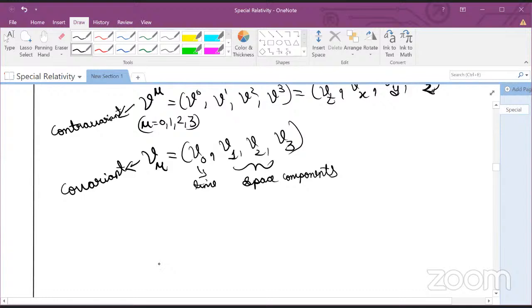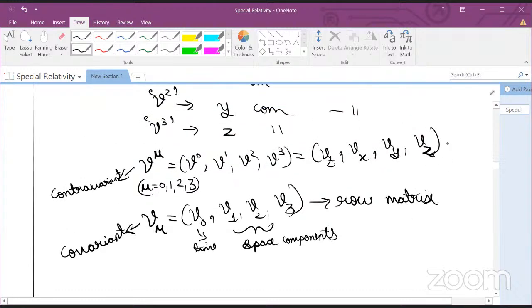I can write this V sub mu in a row matrix. Covariant vectors are written as row matrices. Contravariant vectors are written as column matrices. This is a convention.